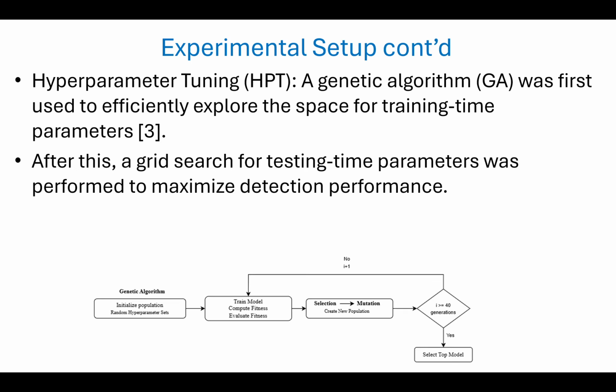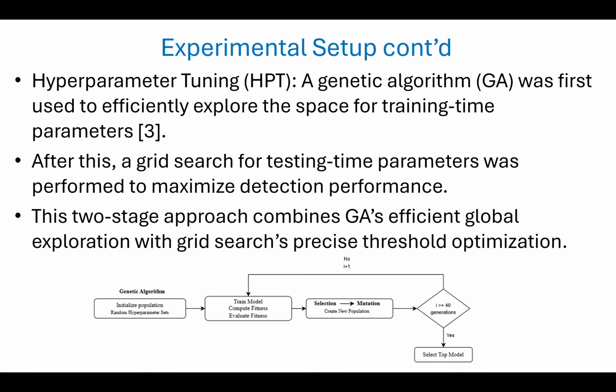Once the optimal training configurations have been identified, the second stage applies a grid search to the testing time parameters. Grid search is exhaustive and methodical, making it ideal once the parameter space has been narrowed. Together, these approaches complement each other effectively.